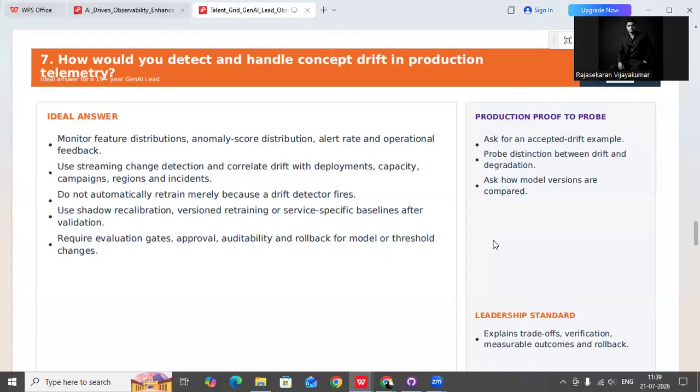Based on that, I will reduce the model drift in production telemetry.